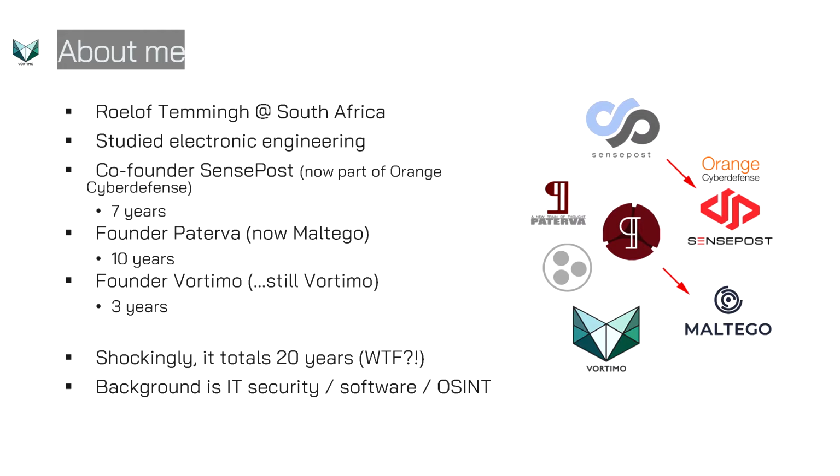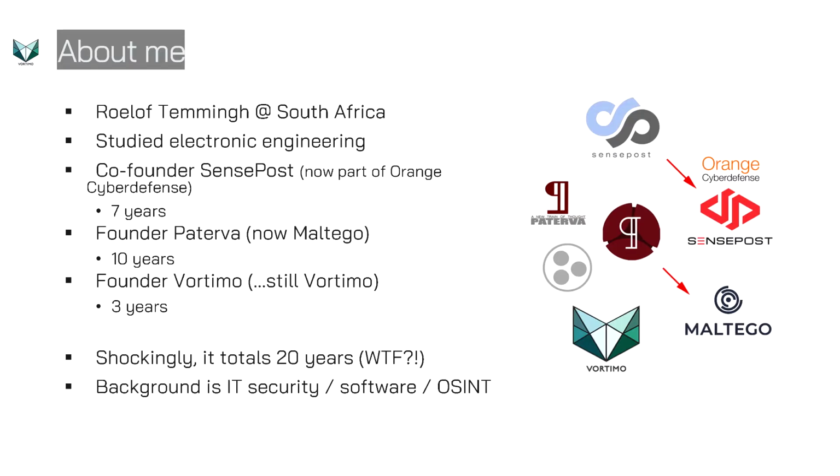I ran that company for 10 years and then I left. And then I started Vortimo, which is what I'm doing right now and what this is all about. And if you add all of those years, you get 20 years, which is a lot of years, which makes me officially old. So my background is in IT security and software and OSINT, and that's kind of what I do.